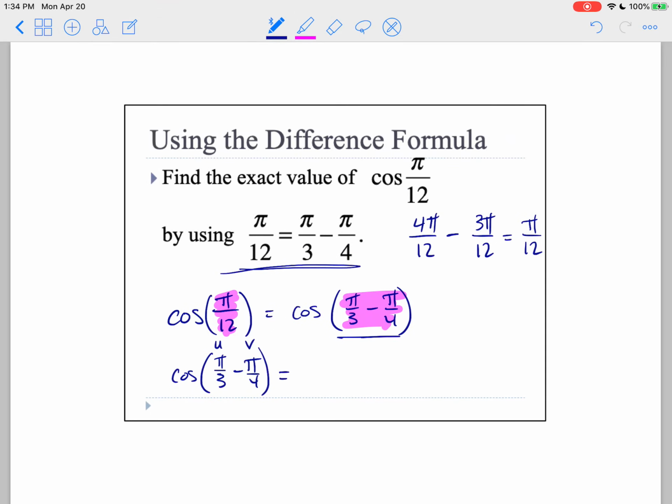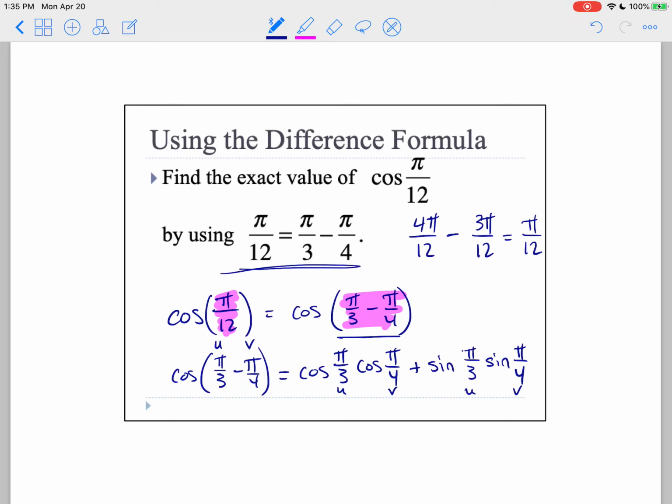And so that's going to give me cosine of pi over 3 cosine of pi over 4 plus sine of pi over 3 sine of pi over 4. So I just used the difference formula for cosine, and I just put all the u's and v's in their right places in the formula.